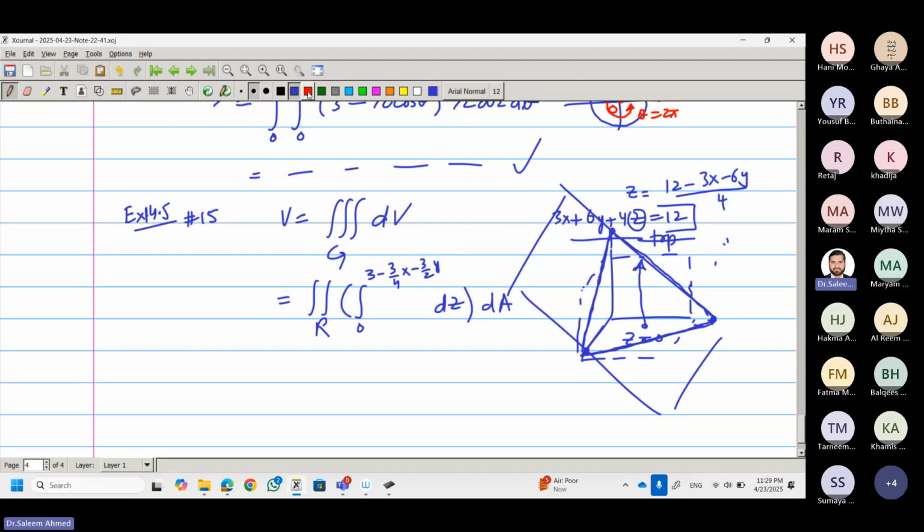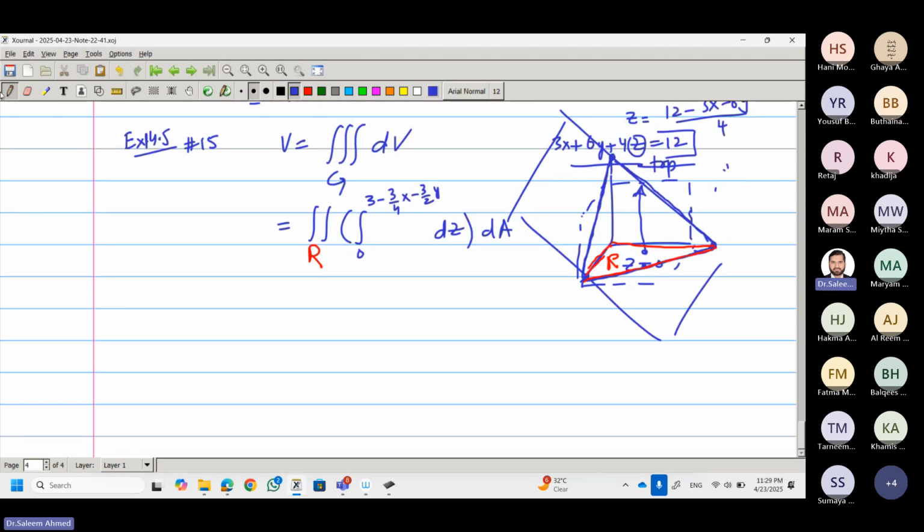So this is the region on the floor. Your region R is this, the region where you are integrating. You can make this region R separately.